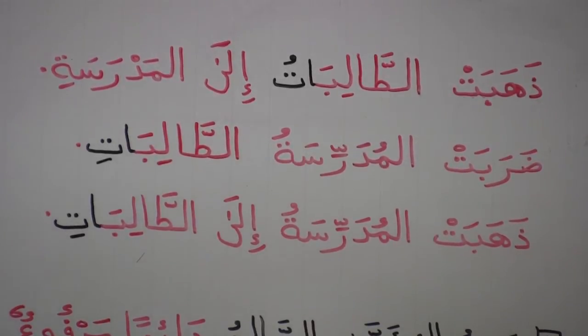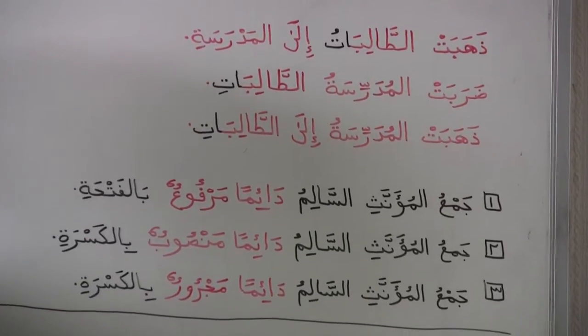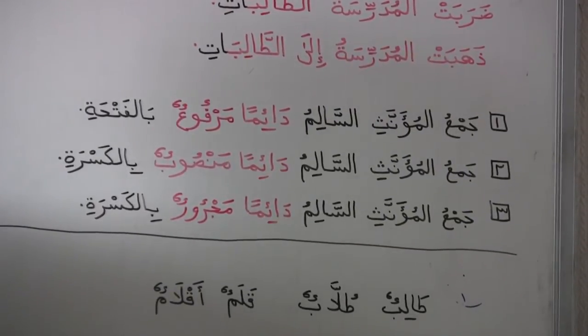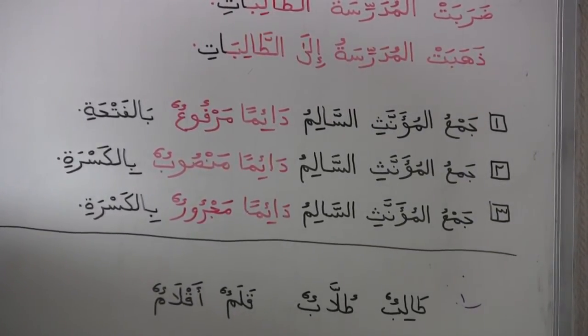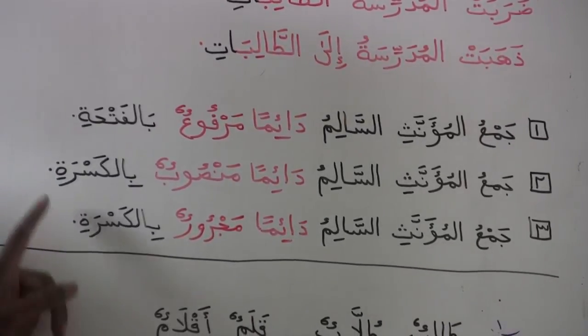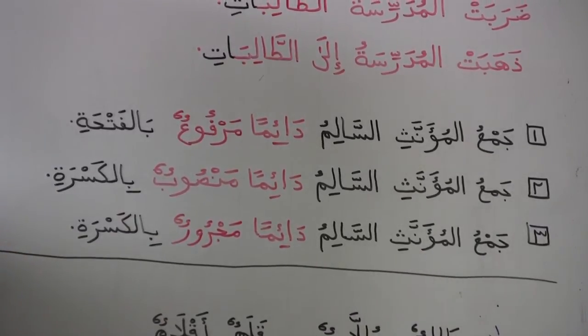The only difference is it is mansoob with a kasra, and this is the only time that something is mansoob with a kasra. So it's exactly the same as mufrad except for that. جمع مؤنث السالم دائما مرفوع بالضمة, منصوب بالكسرة, and مجرور بالكسرة.